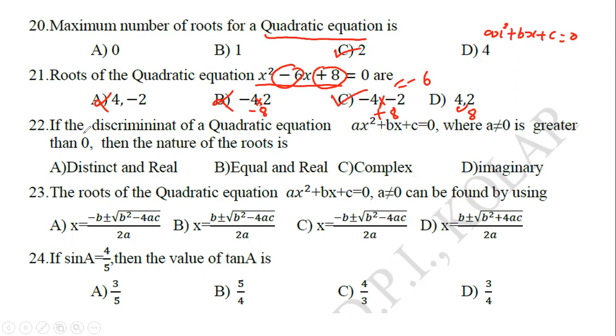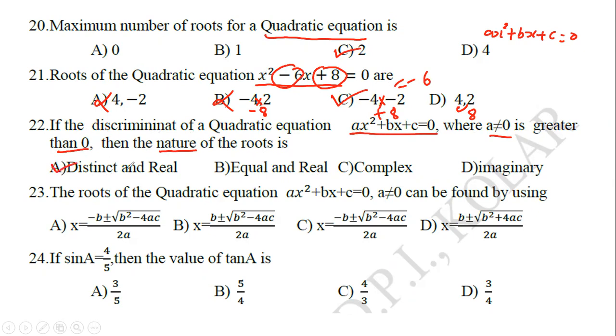Next, 22nd question. If the discriminant of the quadratic equation ax square plus bx plus c is equal to 0 is greater than 0, then the nature of the roots, you need to say which nature. So greater than 0 means roots are distinct and real.